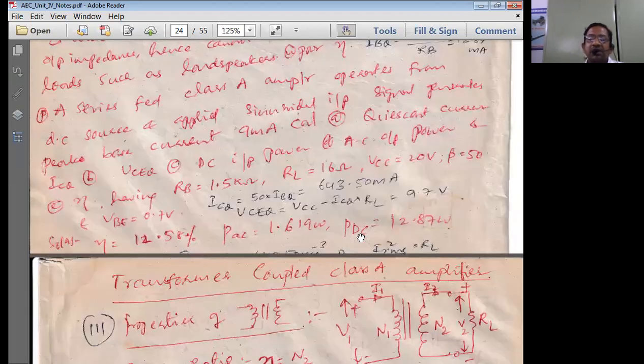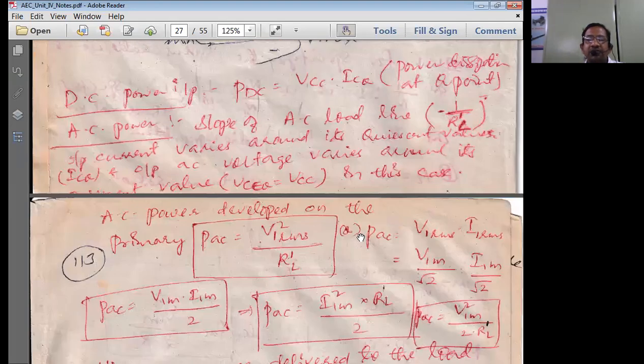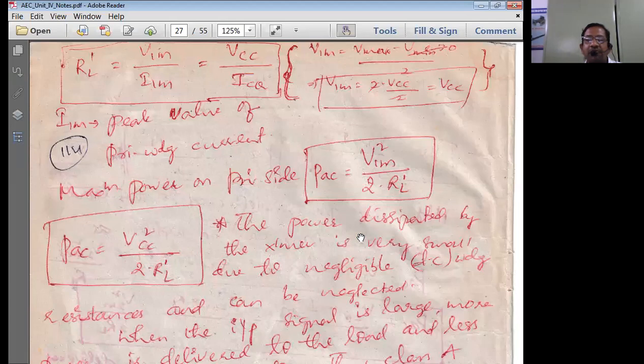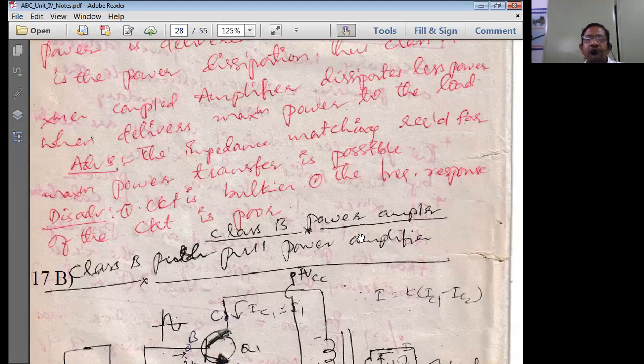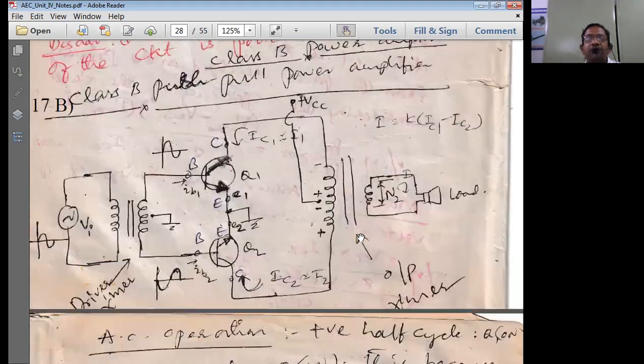That means around 75% of power is wasted in the class A power amplifier without transformer coupling. Only 50% power is wasted in the transformer coupled class A power amplifier, because efficiency we got is 50%. The remaining 50% went as loss, but it is somewhat better than the class A power amplifier without transformer coupling.